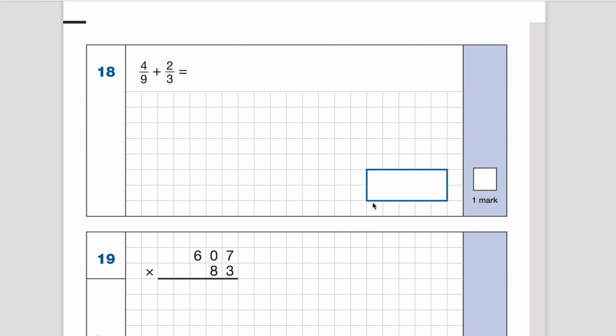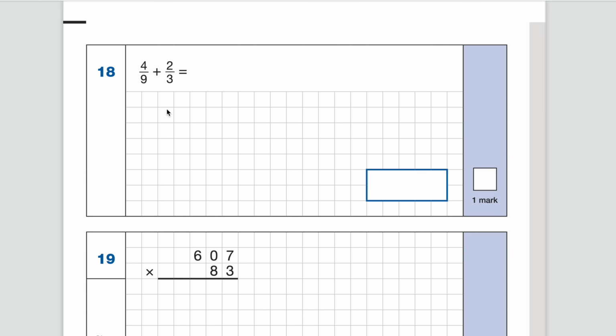Number 18, we have 2 fractions with different denominators. So the first thing we need to do is get the denominators looking the same. So what we need to do is turn them into equivalent fractions. The easiest way to do that is to turn this one into ninths. In order to do that, we need to multiply both the top and the bottom by something to get 9. 3 times 3 is 9, so I need to multiply this whole fraction, both the top and the bottom, by 3.